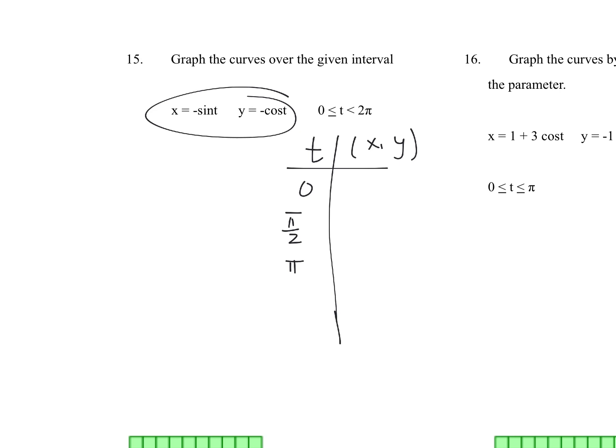And so if I plug in 0, remember sine of 0 is 0, cosine of 0 is 1, sine of pi over 2 is 1, cosine of pi over 2 is 0, and then finally sine of pi is 0 and cosine of pi is negative 1.